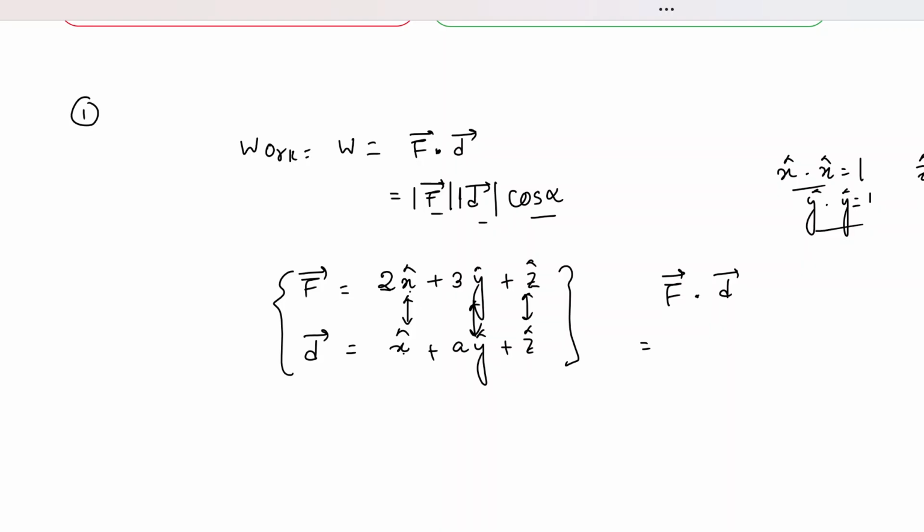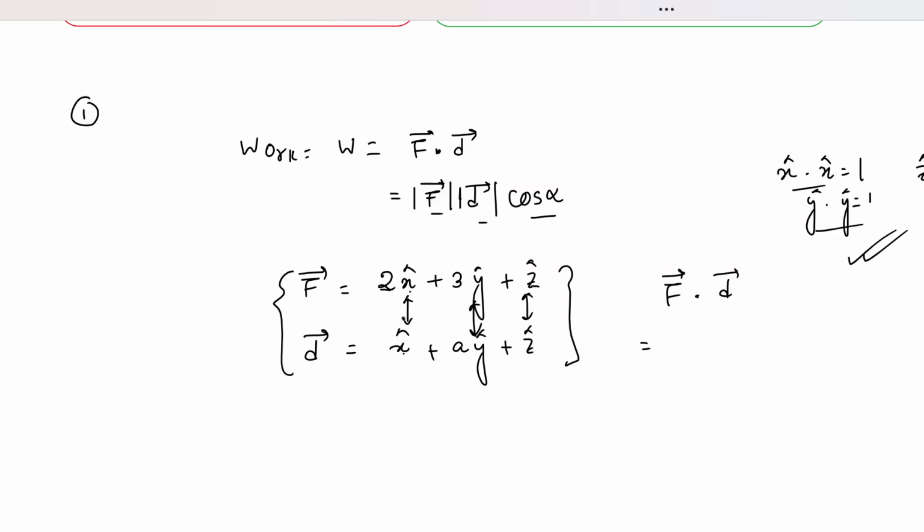But in contrast, when you have x cap dot y cap, two dissimilar unit vectors, that will give you a 0 value. Similarly, this is the same as y cap dot x cap, because they are commutative. Then y cap dot z cap or z cap dot y cap is also 0, and x cap dot z cap or z cap dot x cap is also 0. This is the advantage, that you do not need to consider the other multiplications at all.